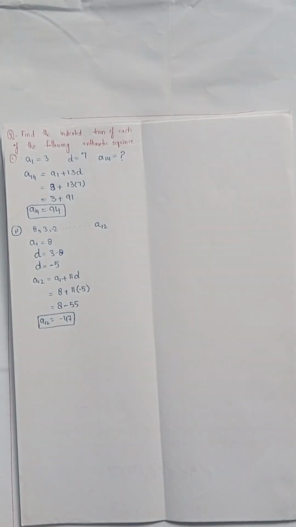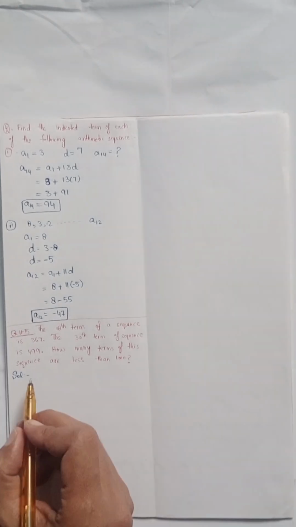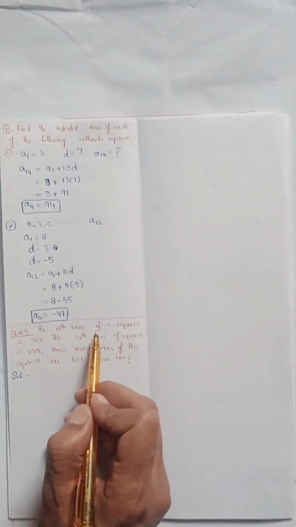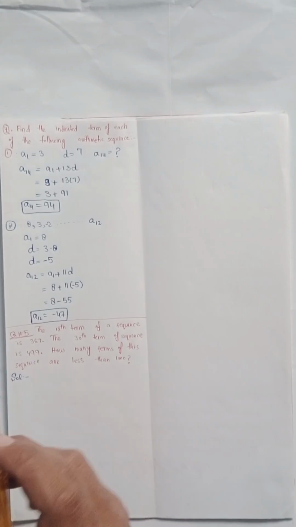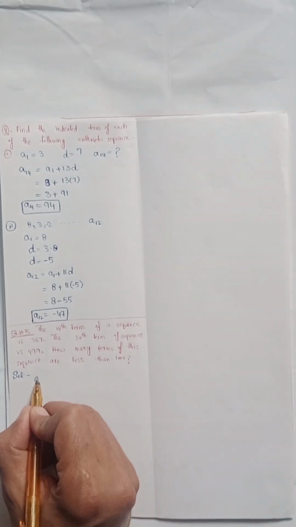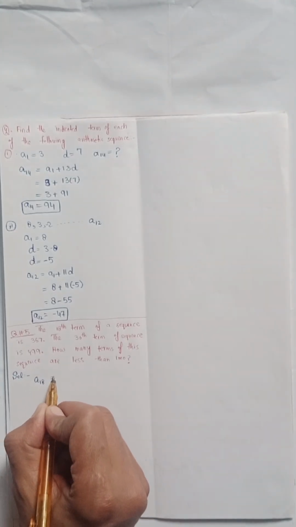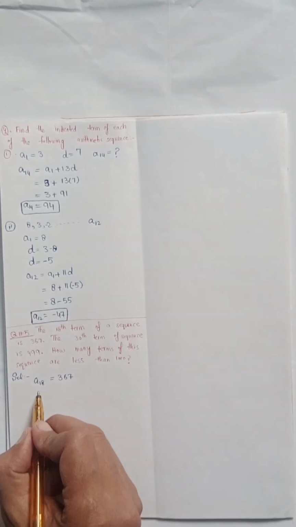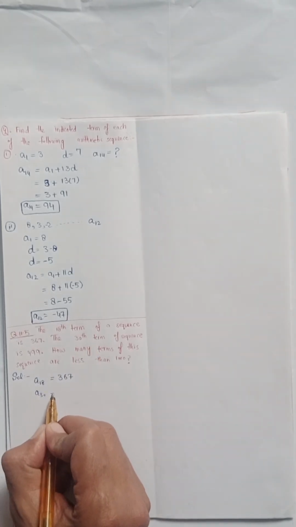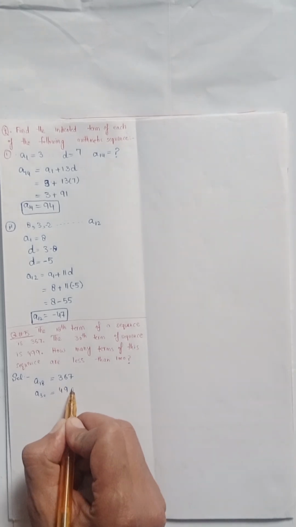Next, question number 5. The 18th term of a sequence is 367 and the 30th term is 499.